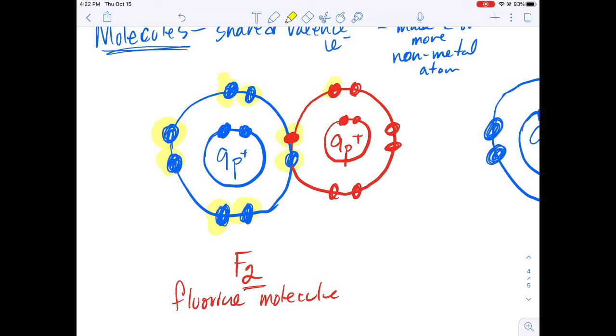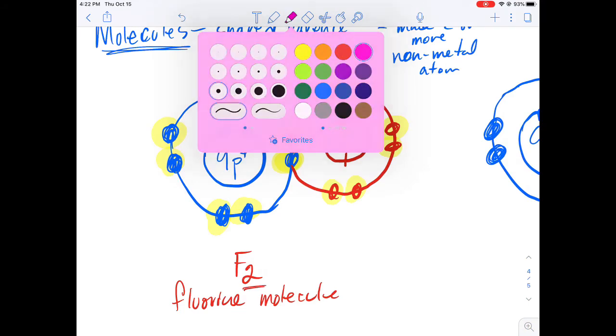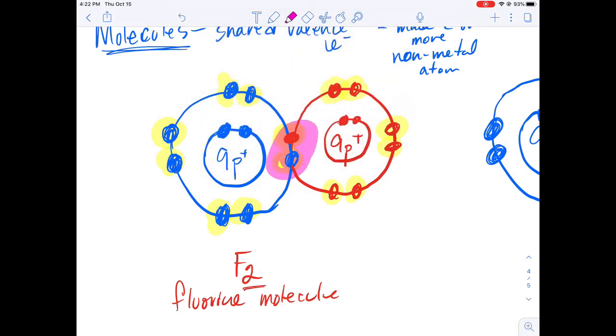But then this one has 1, 2, 3, 4, 5, 6, and it gets to count these again, 7, 8. So they both have full octets, and it's quite stable. This is what we would call a covalent bond. So we have the valence electrons being shared.